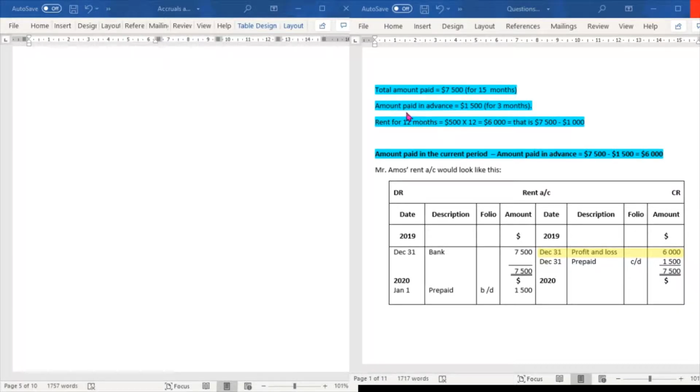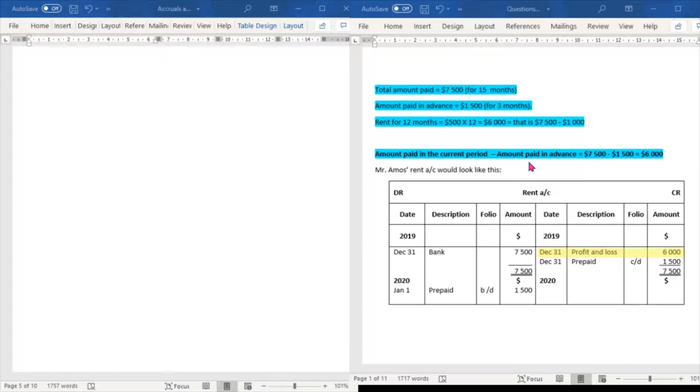We look at the amount that was paid in advance. And we look at the amount that was actually incurred. Remember now, the amount paid in the current period minus the amount paid in advance is the amount that will be transferred to your profit and loss account.